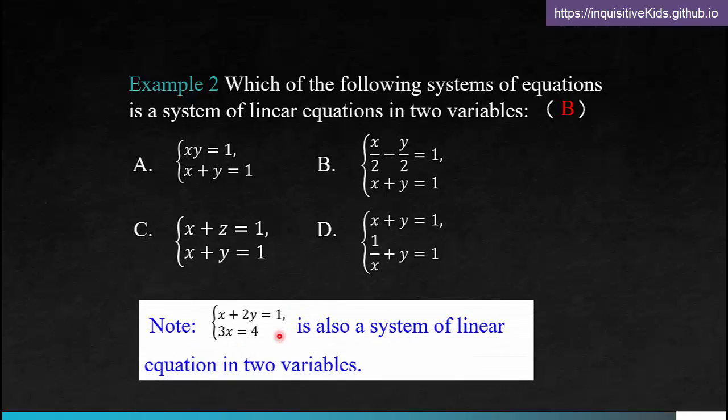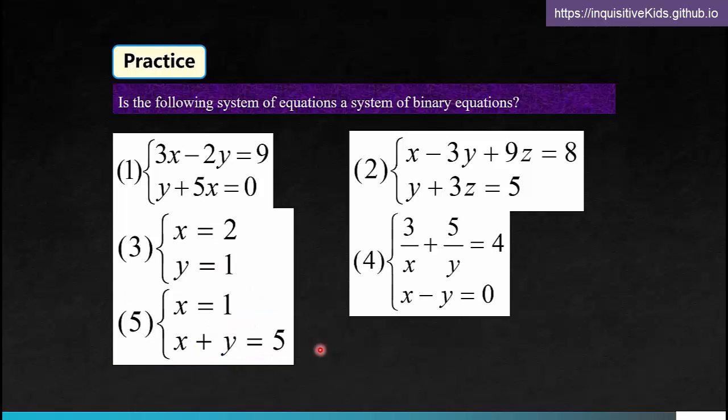Note, this right here is also a system of linear equations in two variables. Right, because for the second one, 3x is equal to 4. Well, that one equation only has one variable, but this altogether has two variables.